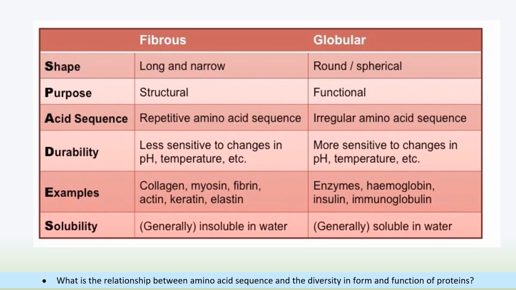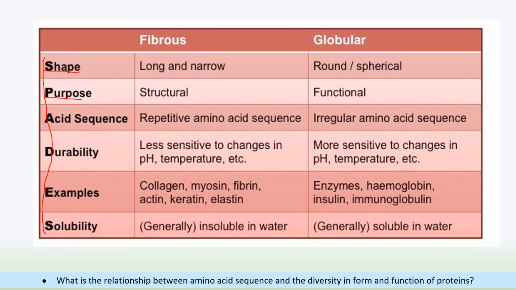And you might be asked to compare the difference of the 2. This is in your textbook, and it is how they recommend it. They recommend you use the word SPADES. The word SPADES is to show you that you've got shape, so you need to know the difference in shape between the 2 of them. Fibrous is long and narrow, whereas globular is round and spherical.